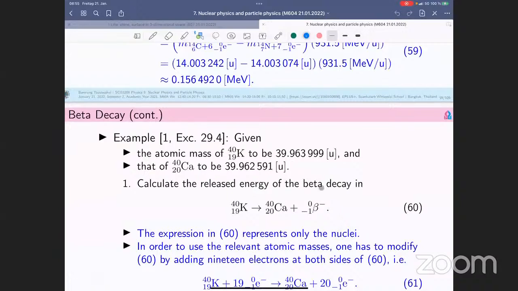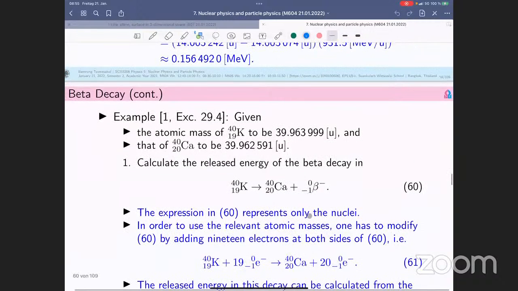I calculate the released energy of the beta decay because it emits the electron. Beta minus means electron, right? But in order to use these two values, these are values measured by chemists. They measure the complete atoms, together with the associated electrons. They didn't measure the nucleus in an ionized state.